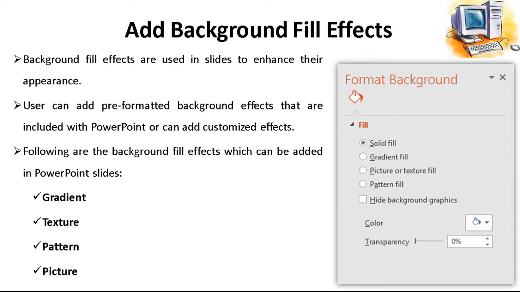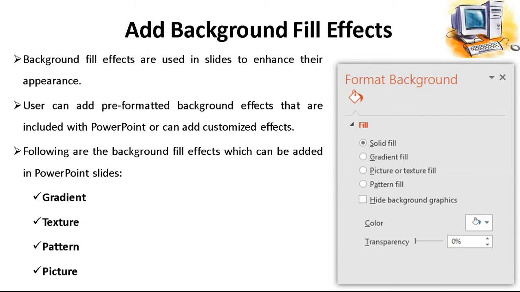So there are some pre-formatted and built-in fill effects given in Microsoft PowerPoint. We just have to use those effects and we can add them as a background fill effect in our presentation, which includes gradient, texture, pattern, and pictures can also be added.